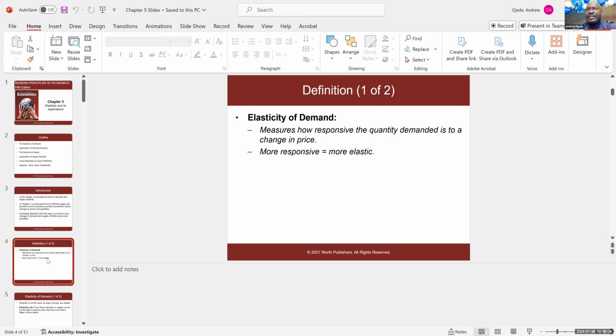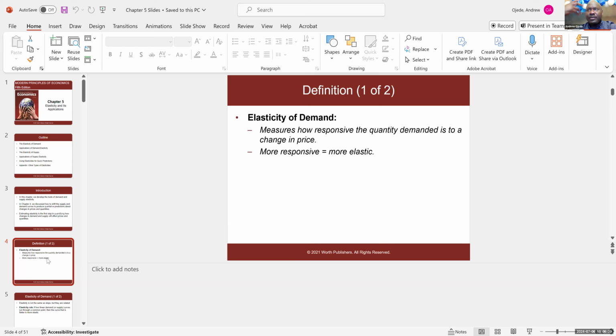Because we know from the law of demand already, which we talked about in chapter 4, that when there's an increase in price of a good, consumers will decrease the quantity demanded. But now what we're going to do here is quantitatively measure to what extent consumers will reduce the quantity demanded of a good for any given price change.